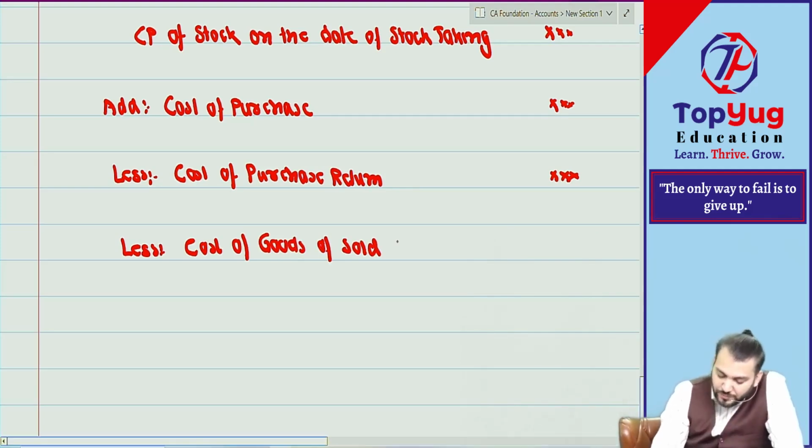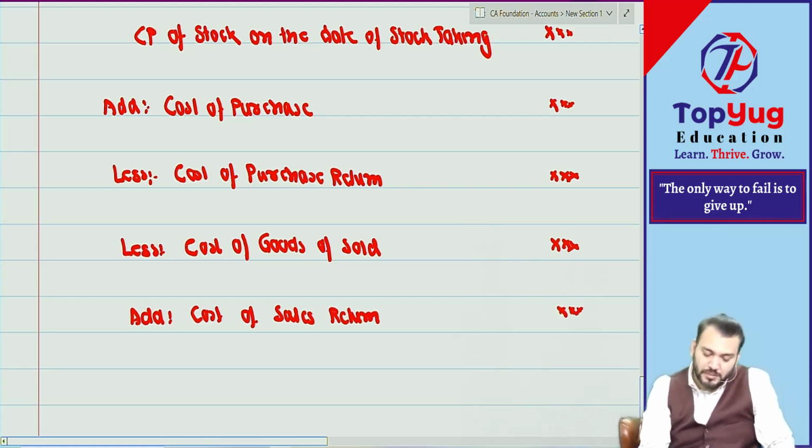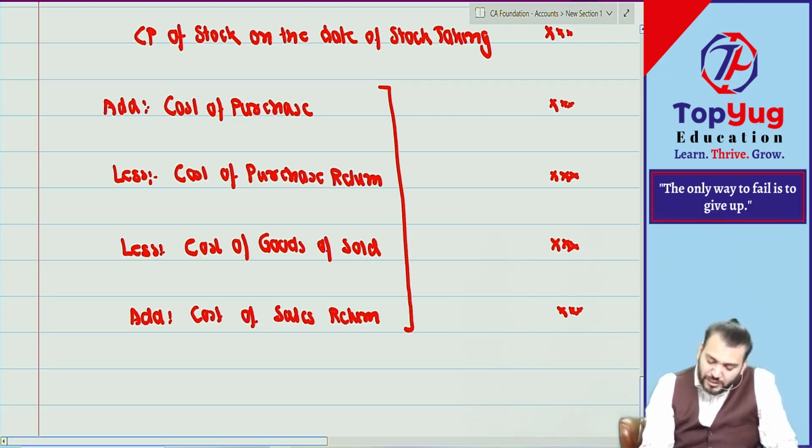Are you able to understand? Then we should add what? Cost of sales return. This point, have you understood? Tell me, this adjustment is required from which date to which date?